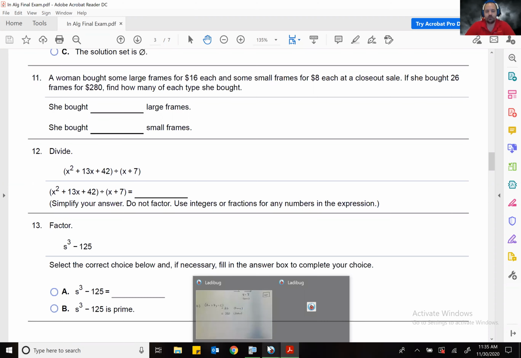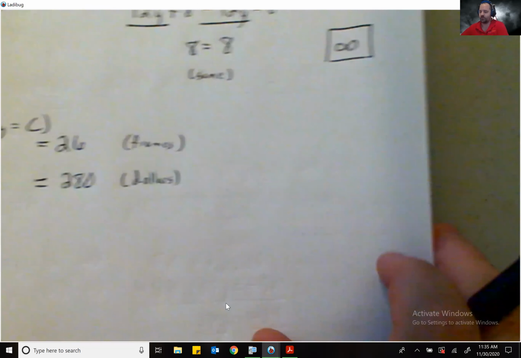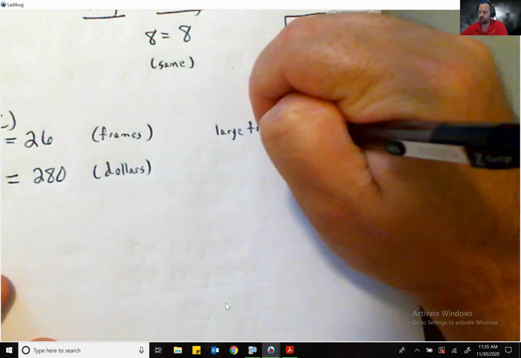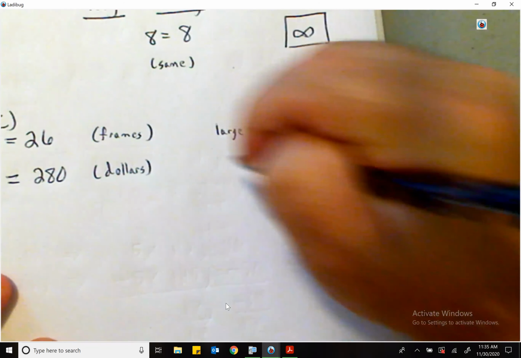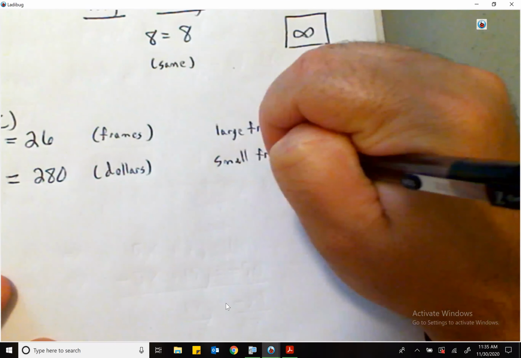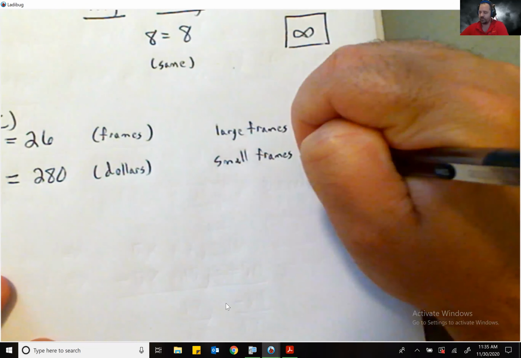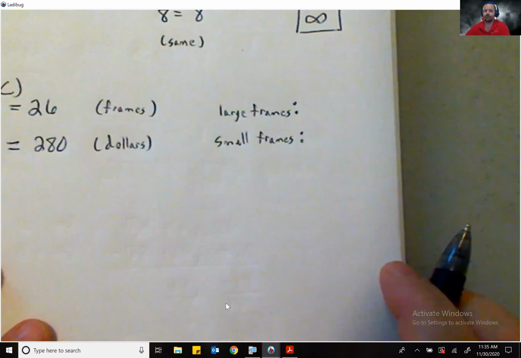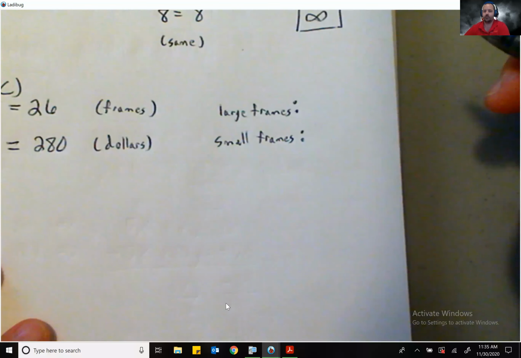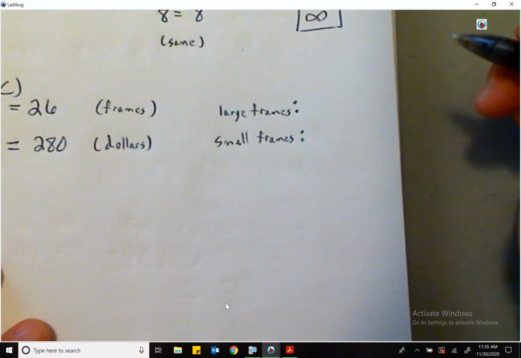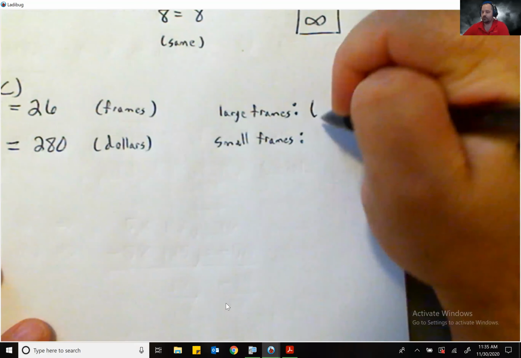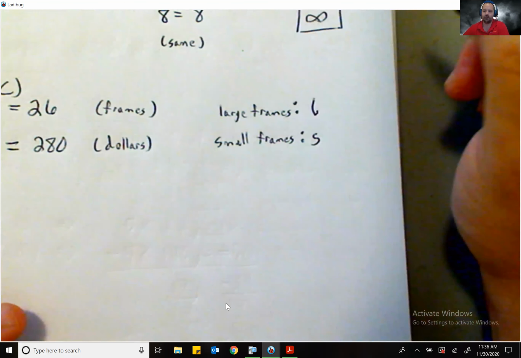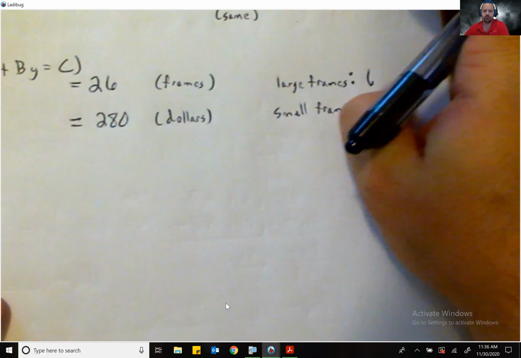Okay. So over here, just so you know, we have large frames and we have small frames. What would be a good variable to use for those? L and S. You got it. There's nothing wrong with using X and Y, just as long as you know who is who.